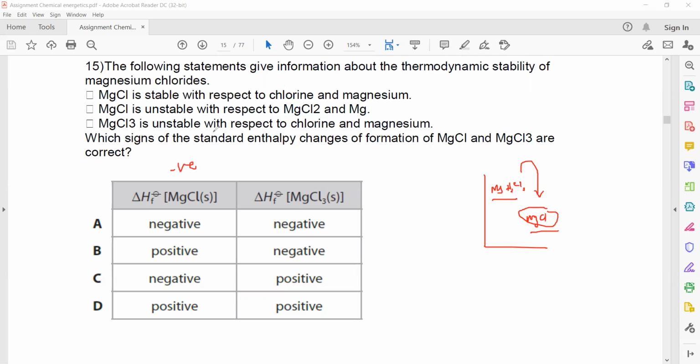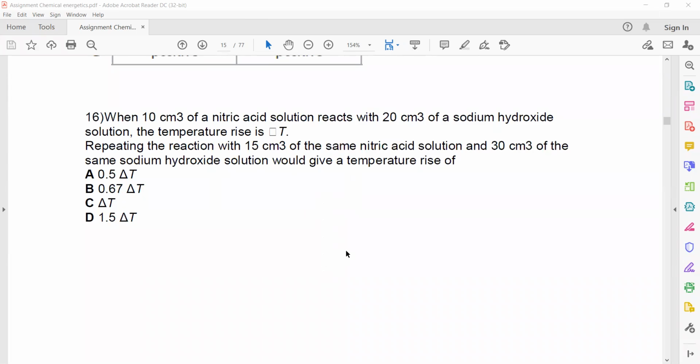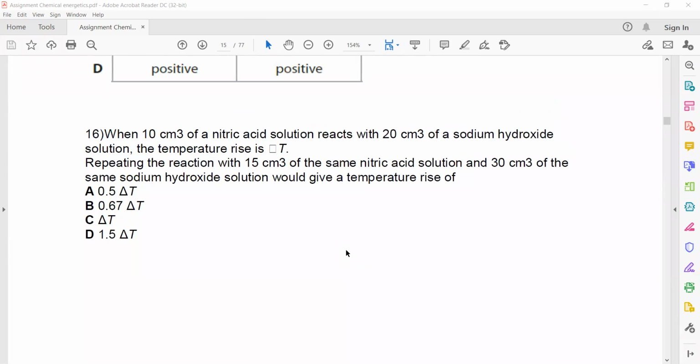And MgCl3 is unstable, so it has high energy or requires energy. So it will be an endothermic reaction, and the enthalpy change should be positive. So C is the right answer. Is it clear? When we say a compound is stable, it has low energy. When a compound is unstable, it has high energy.